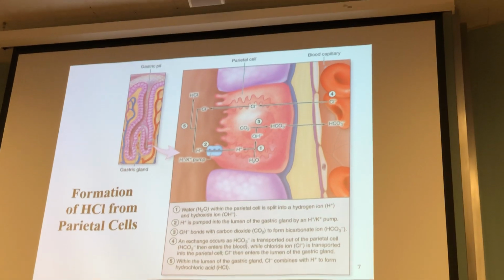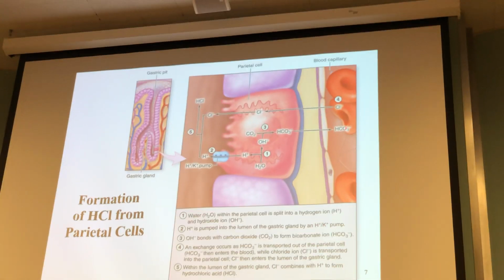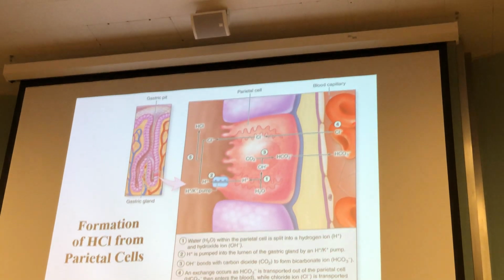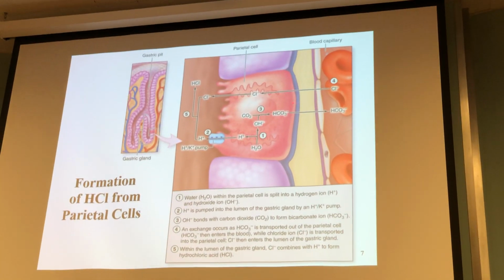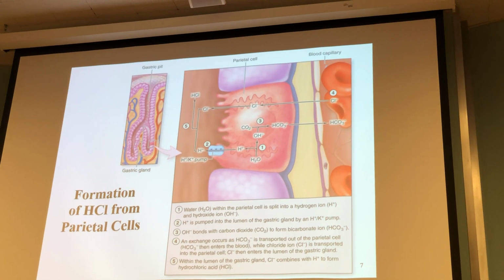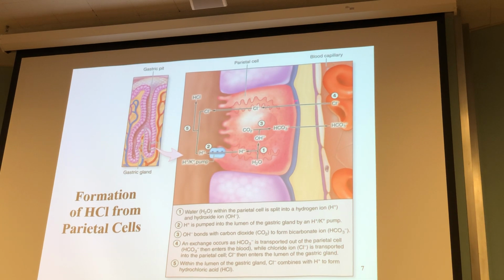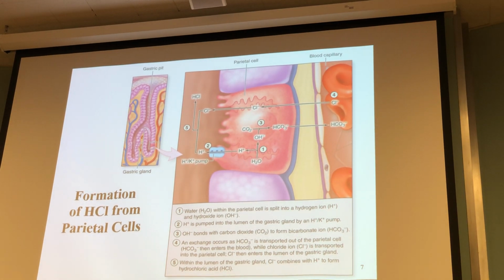And then this thing. I'm getting the impression that bicarbonate simply diffuses through the cell wall into the blood, and the chloride simply diffuses from the blood into the cell, right? That's where you need that one big transporter right there. They're not showing it to you, but it is one protein that is shifting the bicarbs out and bringing the chlorides in. And they didn't show any leaky channels over here.